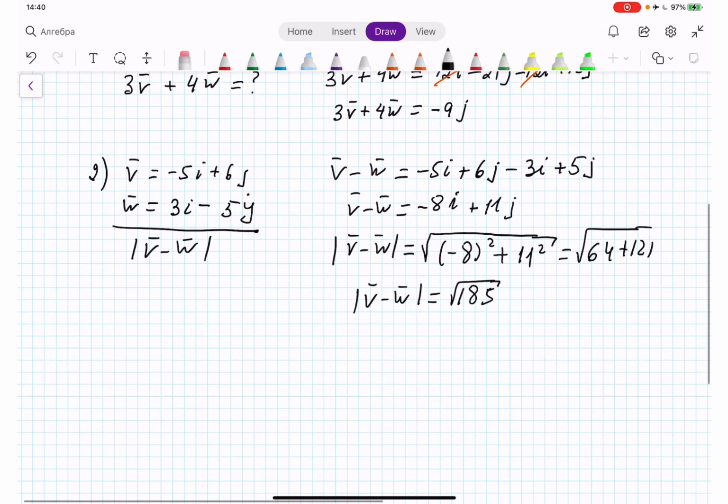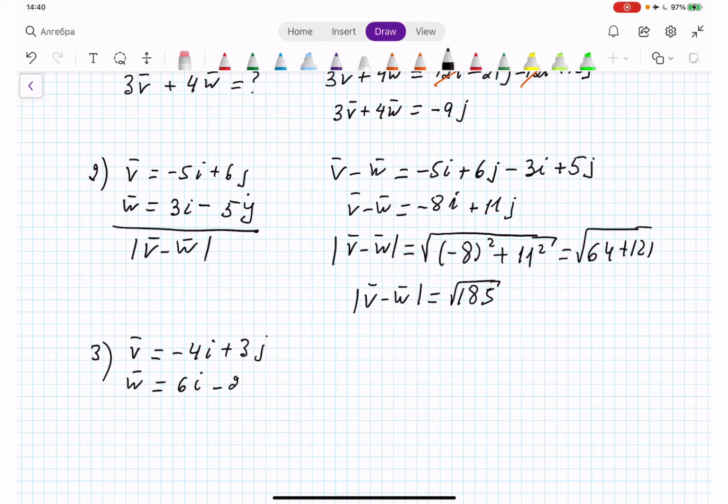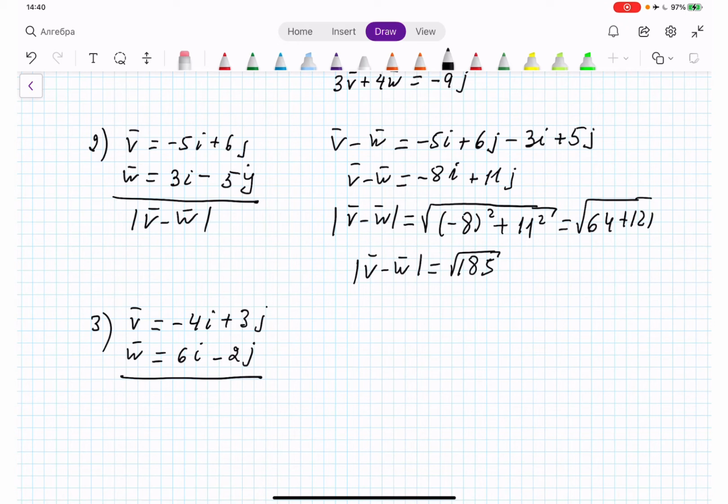Okay, question number 3. Vector v is equal negative 4i plus 3j. Vector w is equal 6i minus 2j. We need to find the difference between the two magnitudes of v and w. So first we need to find the magnitude of vector v.